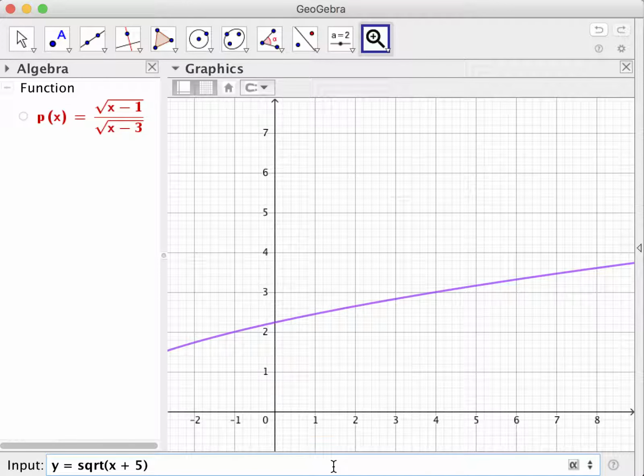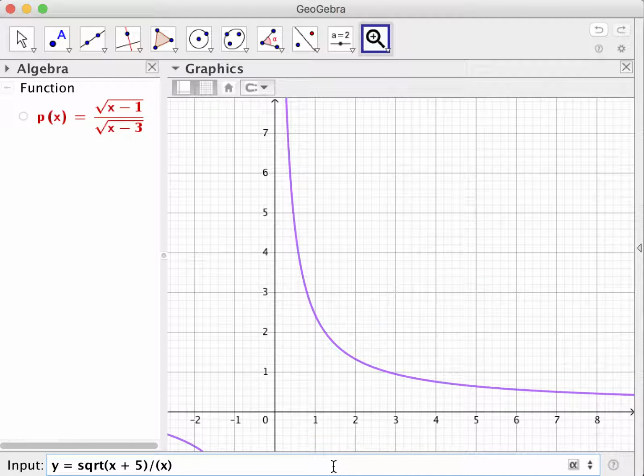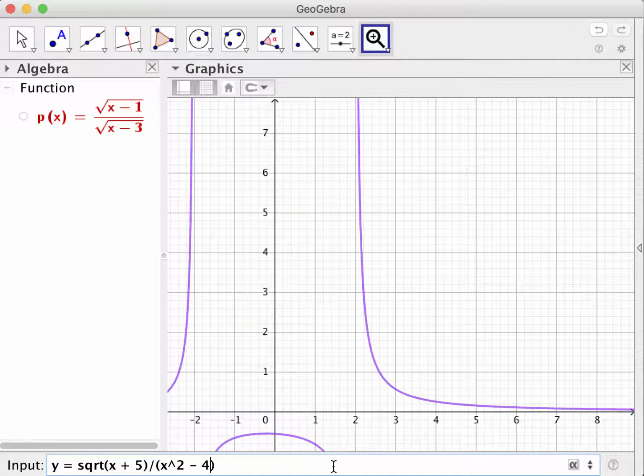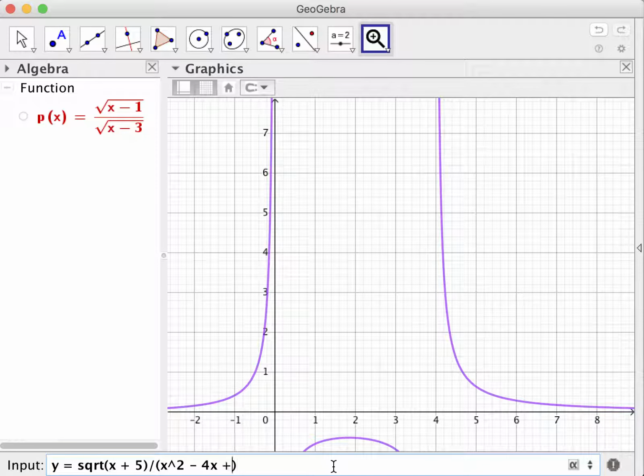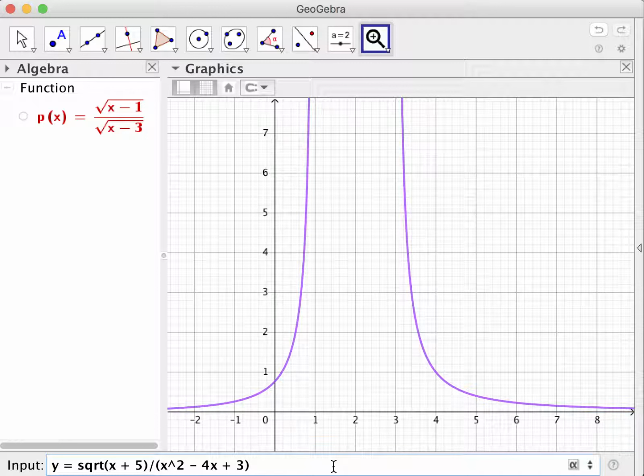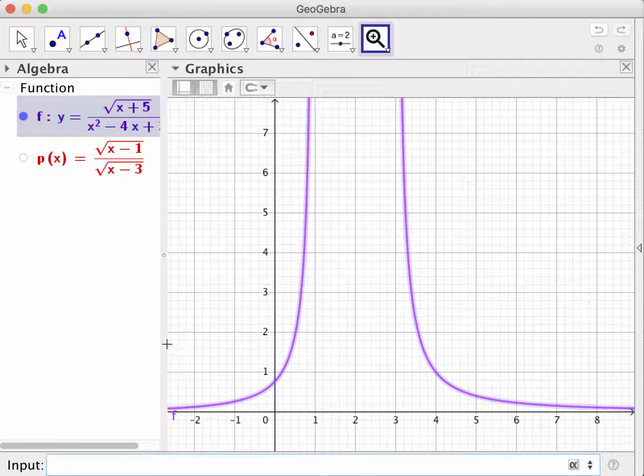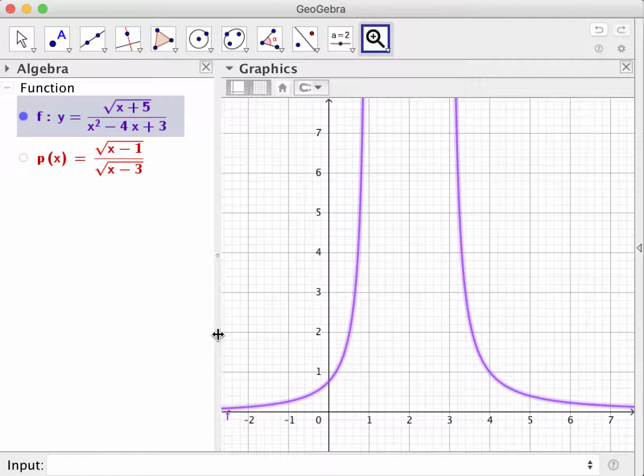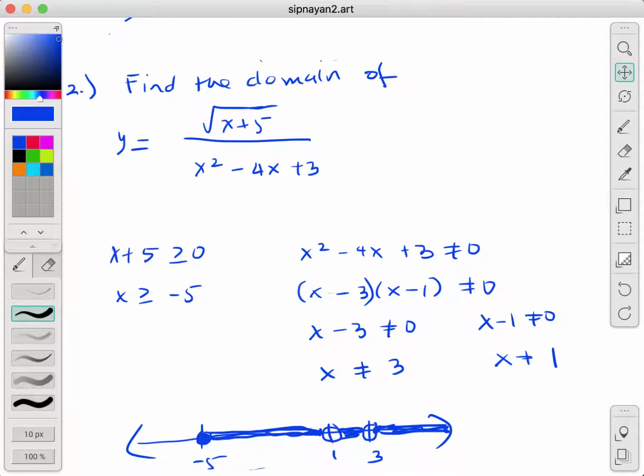Tama? Over x squared minus 4x plus 3. Tama ba? Check natin. The square root of x plus 5, tama, over x squared minus 4x plus 3.